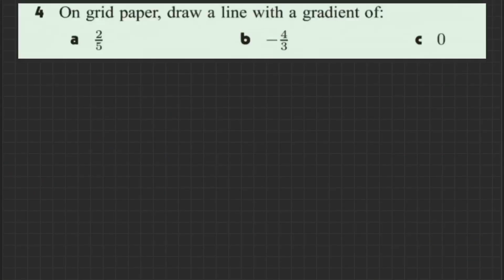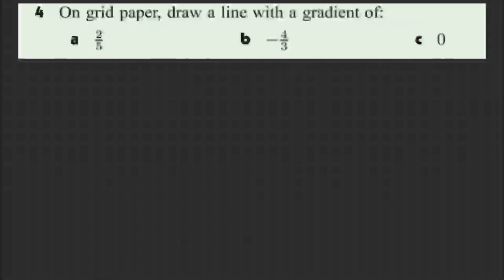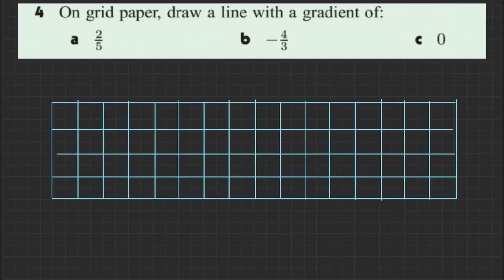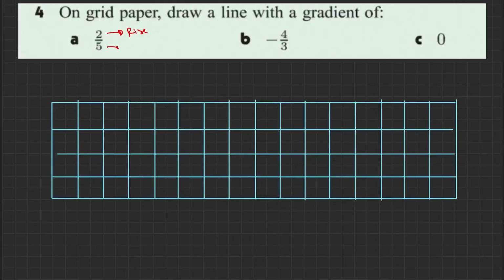Okay, so moving on to question 4. It says on grid paper or any squared paper, draw a line with a gradient of part A 2/5, B -4/3, and C 0. So do this on a piece of paper and then you can comment in the section below. Okay, so that could represent our grid paper. What we're really looking for is the top part is the rise and the bottom part is the run.